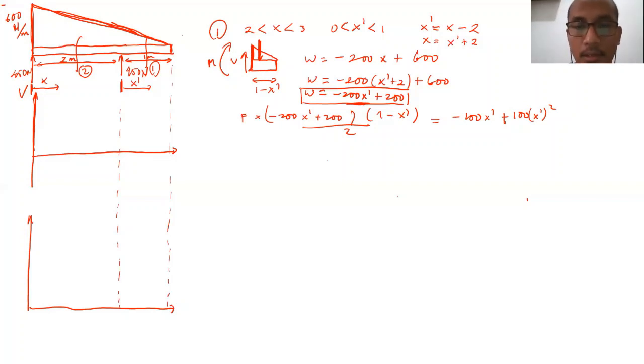And then plus 100 minus 100 x action. So in this case, what we will have is minus 200 x action plus 100 x action squared and plus 100. This is our F there.